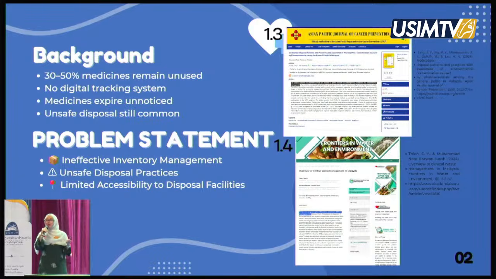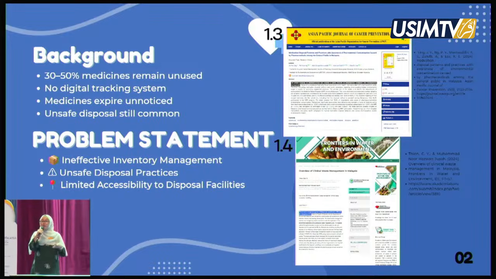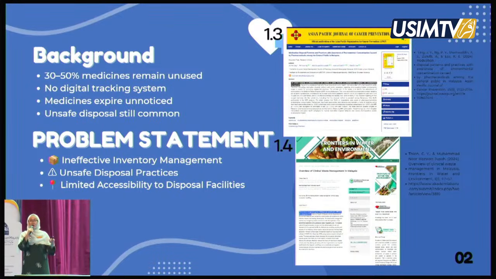Many people don't know what medicine they have and when it expires. Second, unsafe disposal practice, because these unwanted medicines are then thrown away incorrectly and unsafely. And third, limited access to disposal facilities, because even when people want to throw their medicine properly, they might just not know where to go.